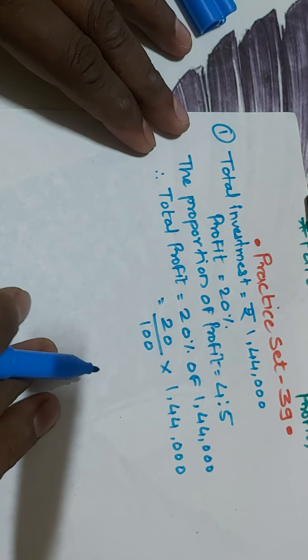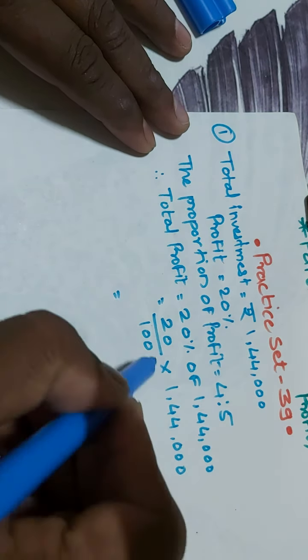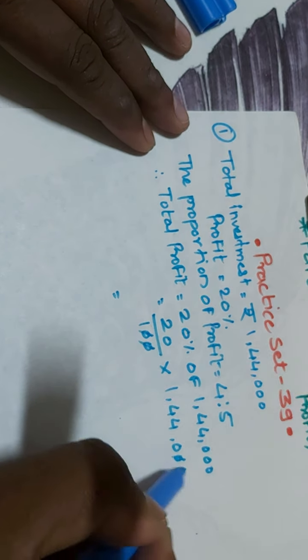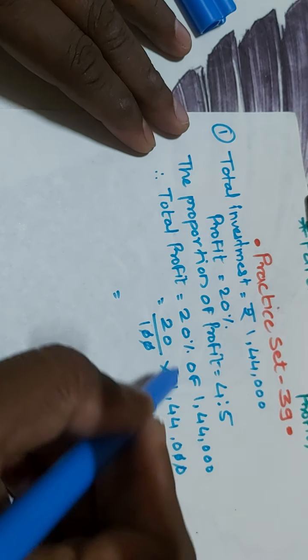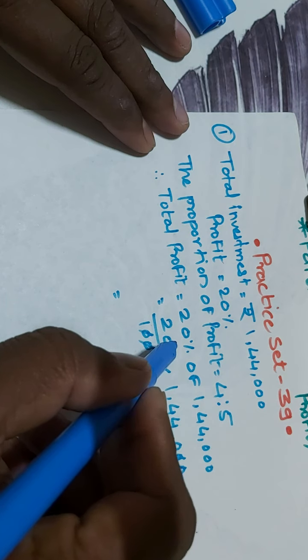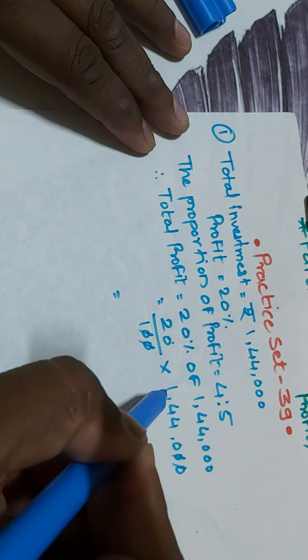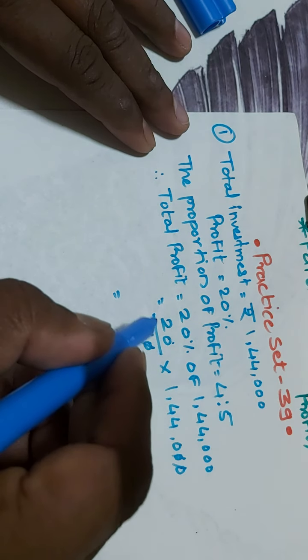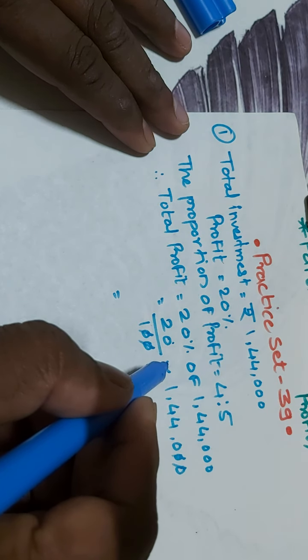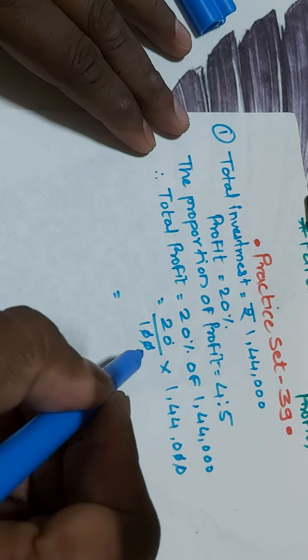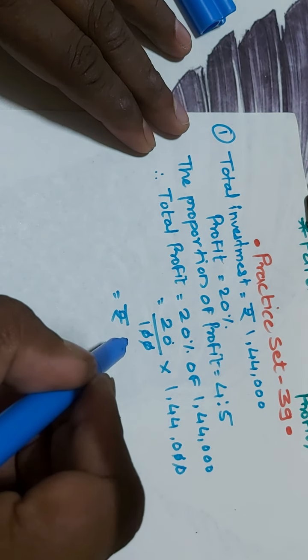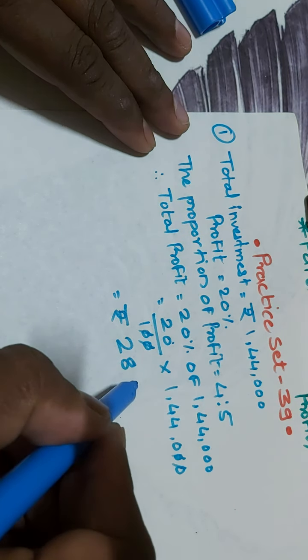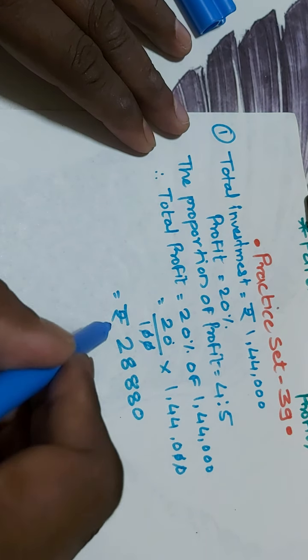Now if we solve this, 20 multiplied by 1,440 gives rupees 28,880.